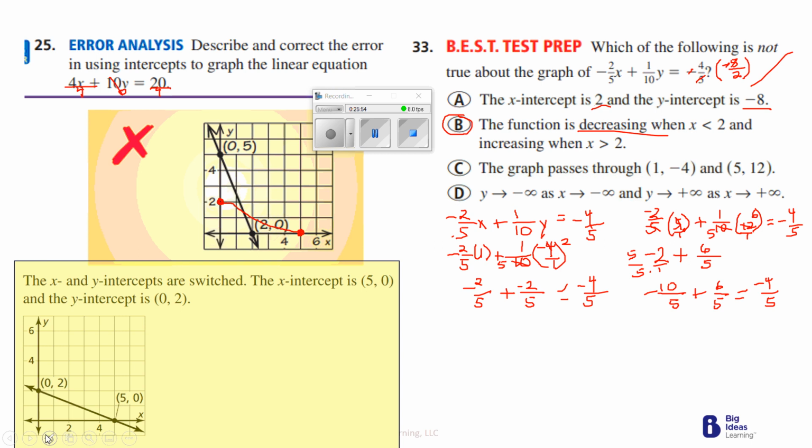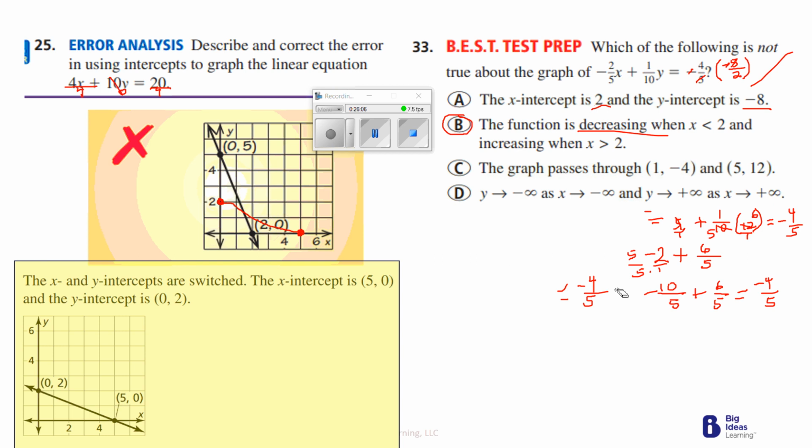C also checks out. Let's erase all this mess. And let's try D now. Okay. Guess I should have removed all ink from the page. That would have been a lot easier.